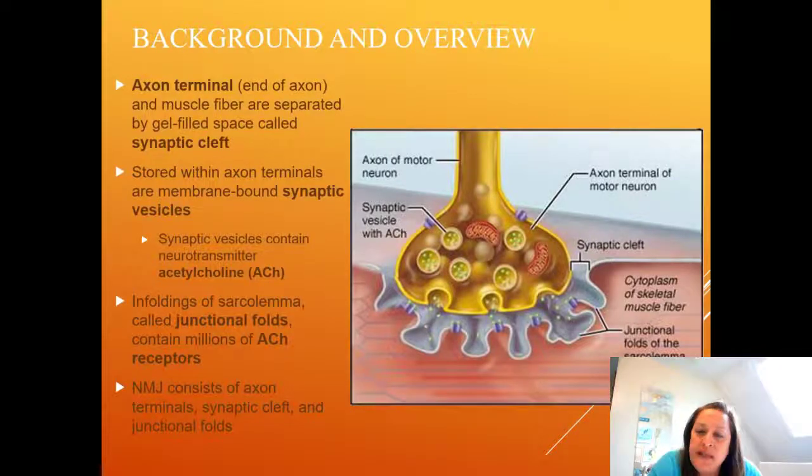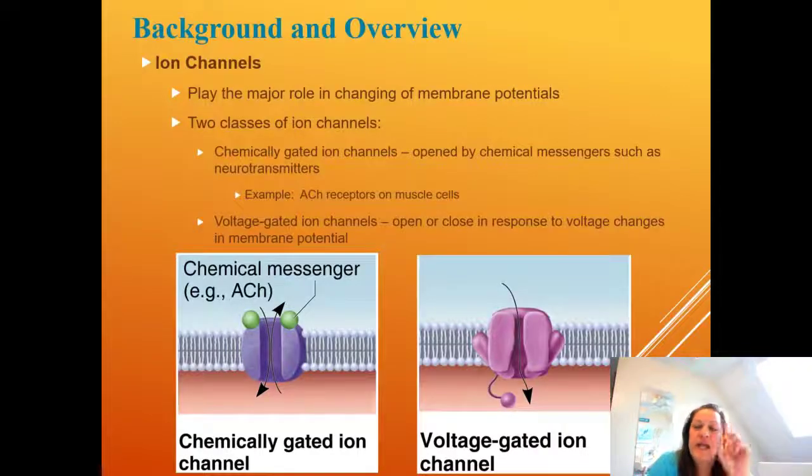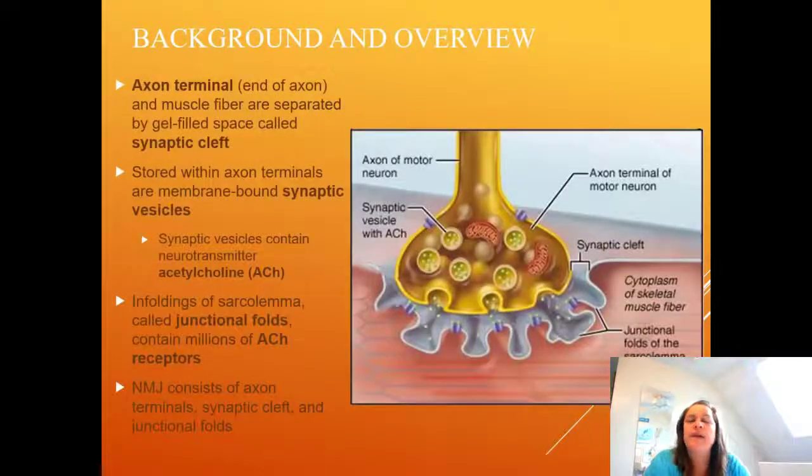What you'll notice on that sarcolemma are those little blue, right, coming back here, chemically gated ion channels. This is going to be important because what's in those vesicles? Inside the axon, right, see the word synaptic vesicle with acetylcholine?